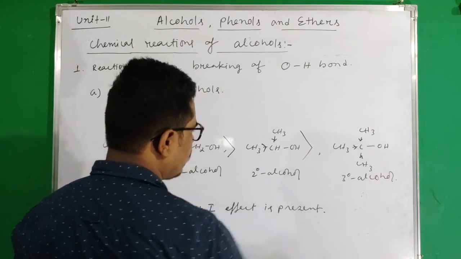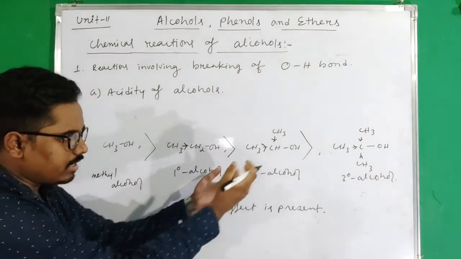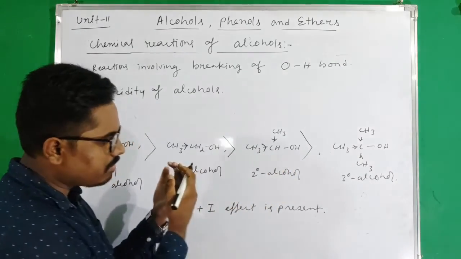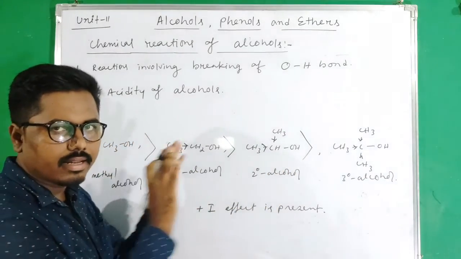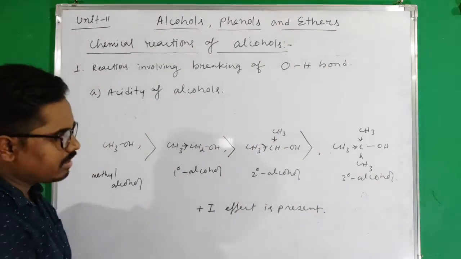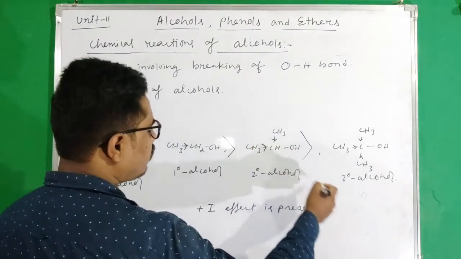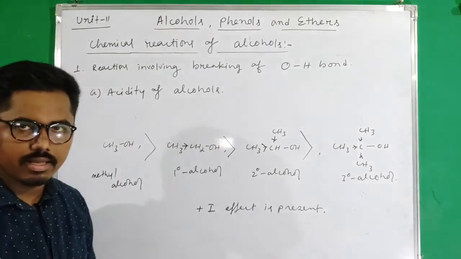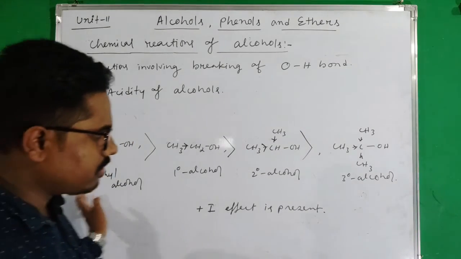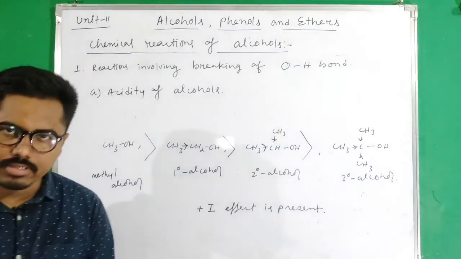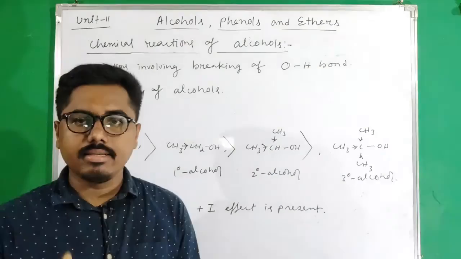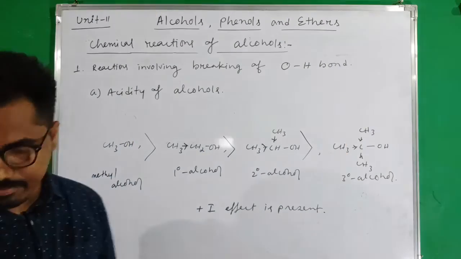That means these groups will not attract the electrons towards themselves, but they will push the electrons away from them. Therefore, the H positive ion will not be released easily. Okay, hence the acidity decreases. So we have studied about acidity of alcohols and phenols.